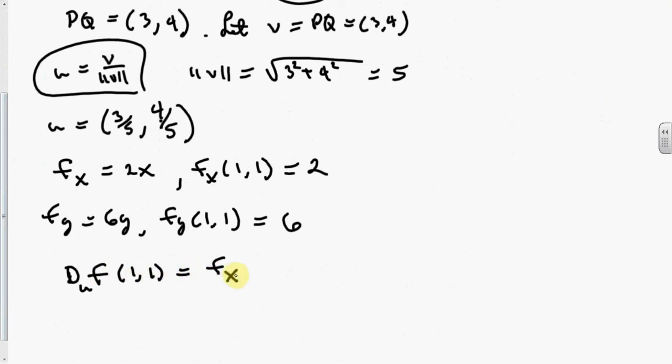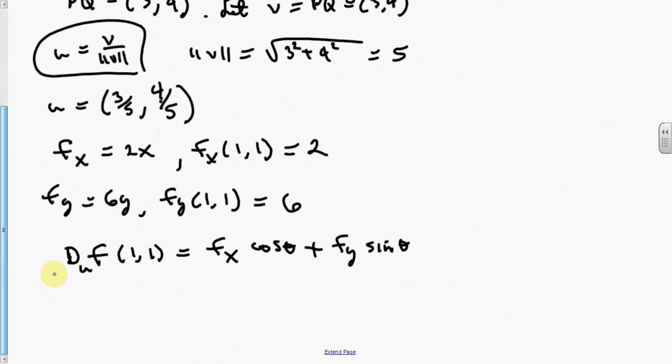Again, this is the partial of f with respect to x times cosine plus the partial of f with respect to y times sine theta. We found the partial to equal 2.